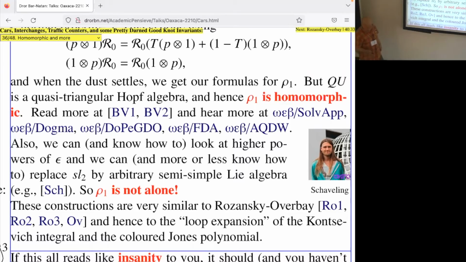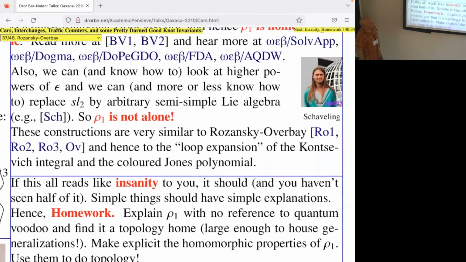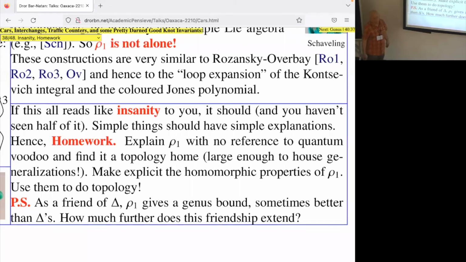Now, if all of this, all the quantum algebra nonsense, reads like insanity to you, then it should, because row 1 is super simple, and we should be able to find a topology home for it, something that topologists could understand.